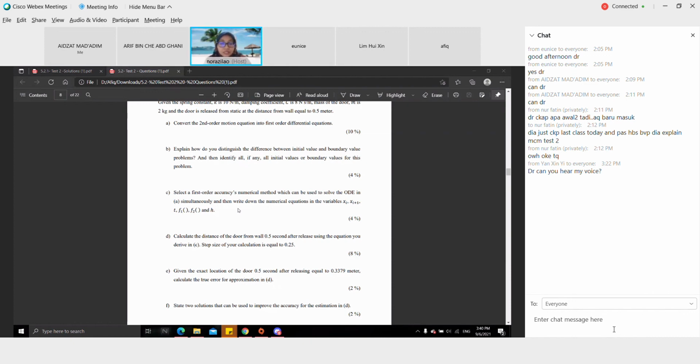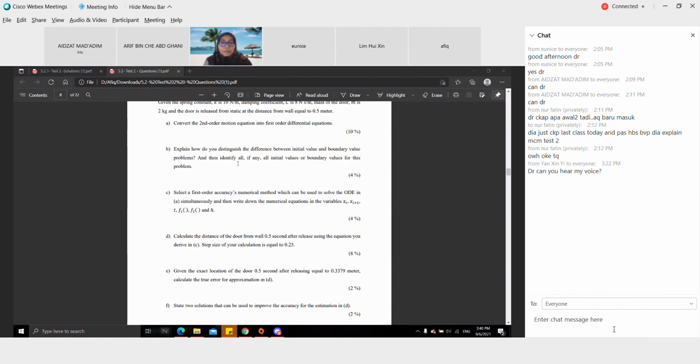Given the exact solution of the door 0.5 second after release equal to 0.3379 meter, calculate the true error. So true error is basically true minus approximate, divided by true value.